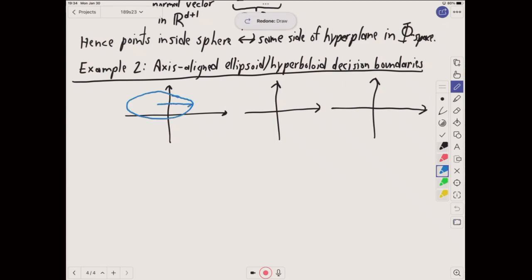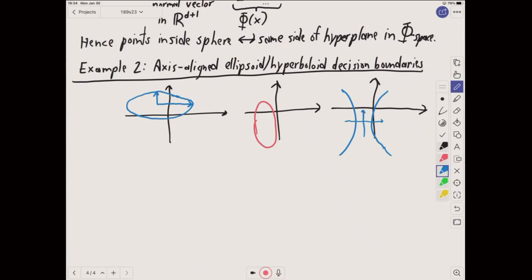And the longest one is parallel to the x-axis, and the shortest one, in this case, is parallel to the y-axis. And likewise, here's another example. And here's an example of a hyperbola, which is also axis-aligned, again, because this axis is parallel to the x-axis, and the separator in the middle is parallel to the y-axis.